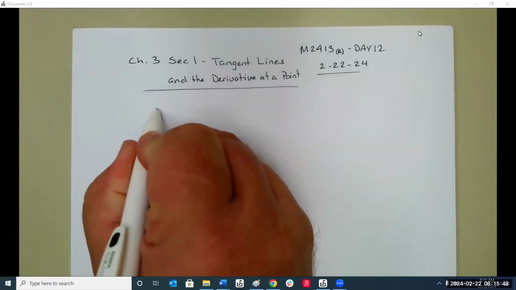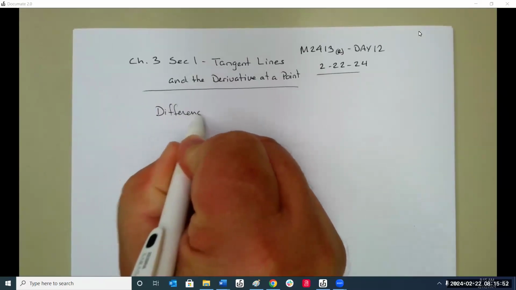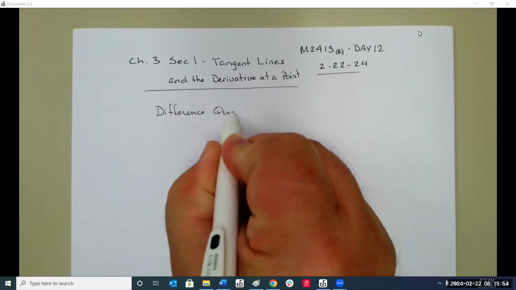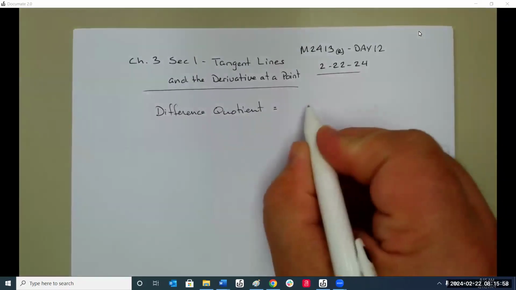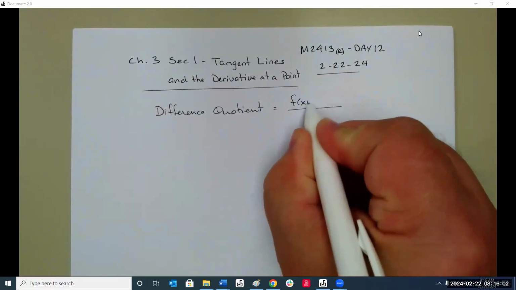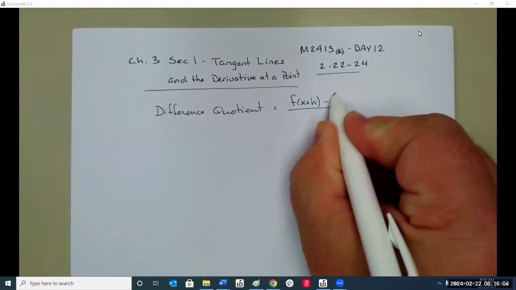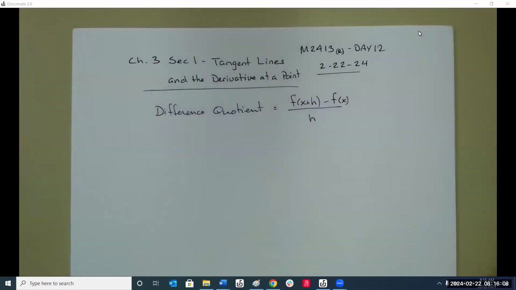The difference quotient, let's review that. It was f of x plus h minus f of x over h. That look familiar? What does it look like?